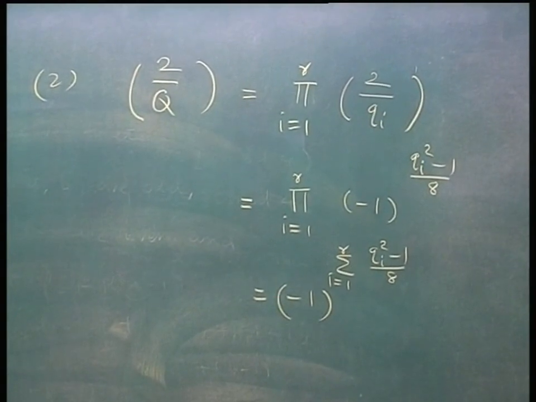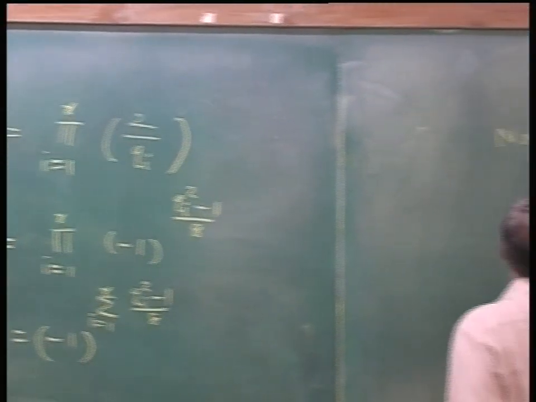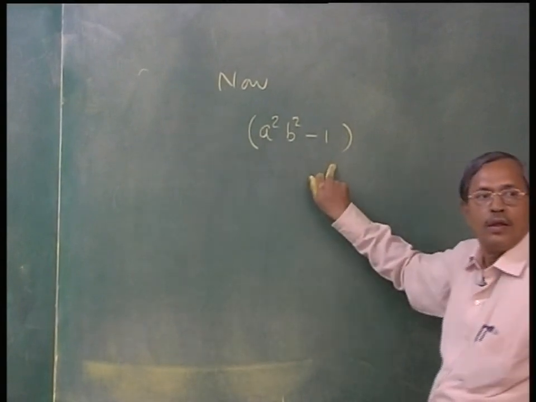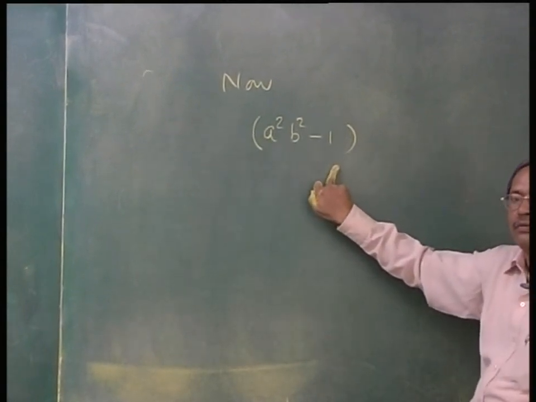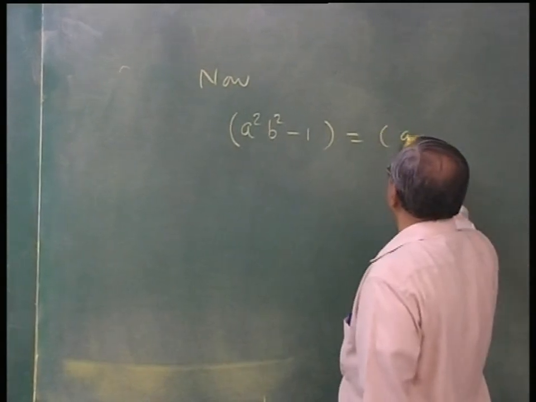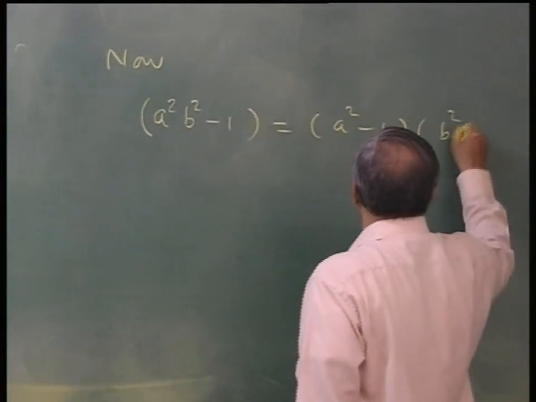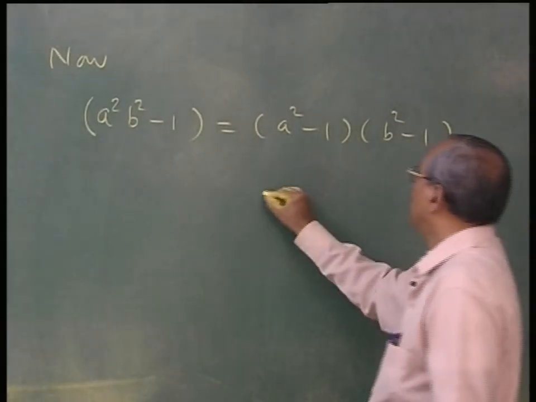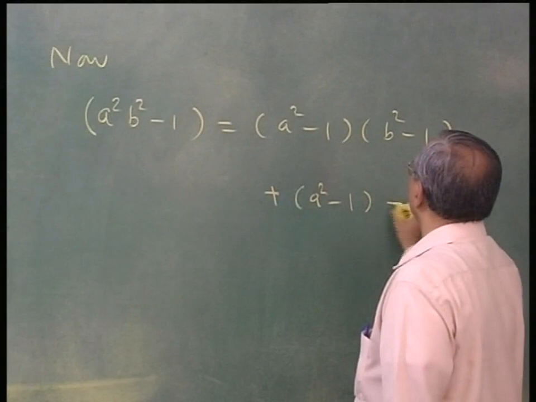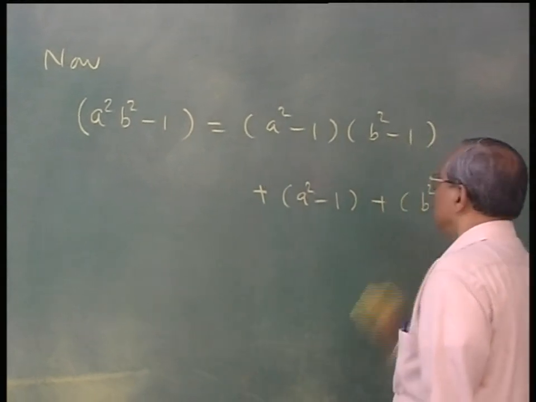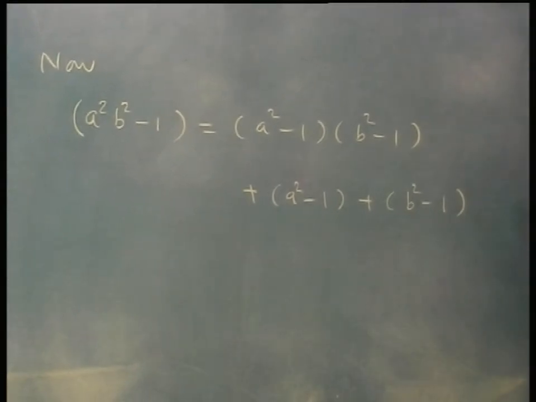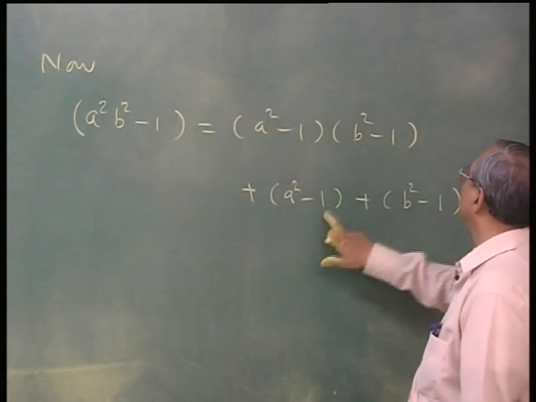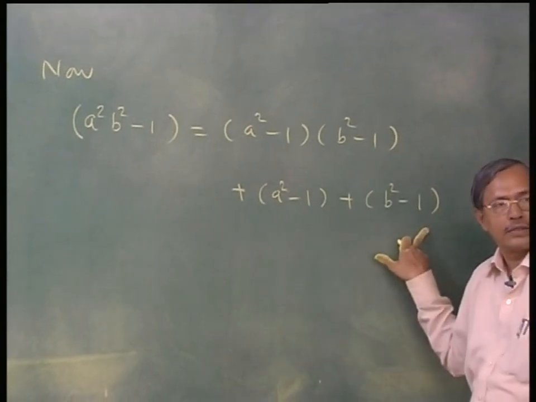Now, a square b square minus 1. Similar to the previous equation, you write it as (a square minus 1) into (b square minus 1), do adjustment to get this thing plus (a square minus 1) plus (b square minus 1). a square b square is here minus 1, and here we have plus 1 minus 1 minus 1, so that's also adjusted.